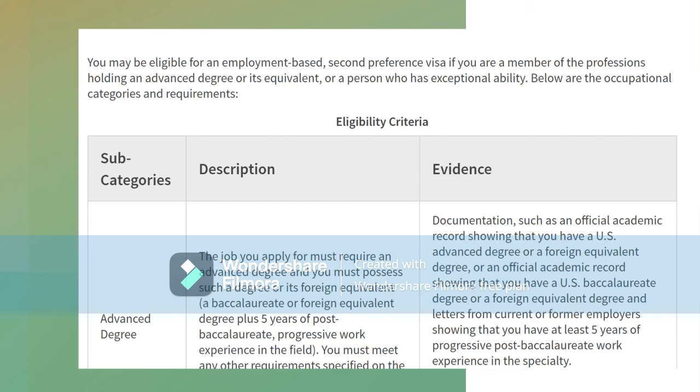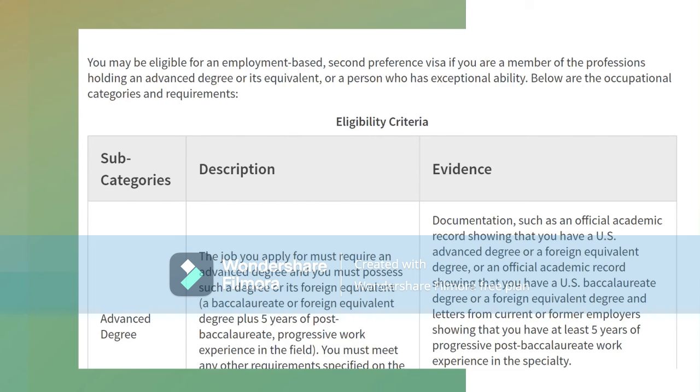The advanced degree is very simple. It says the job you apply for must require an advanced degree, and you must possess such a degree or its foreign equivalent.